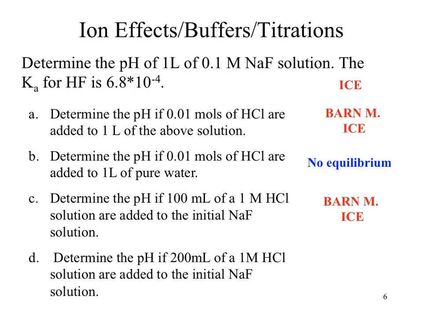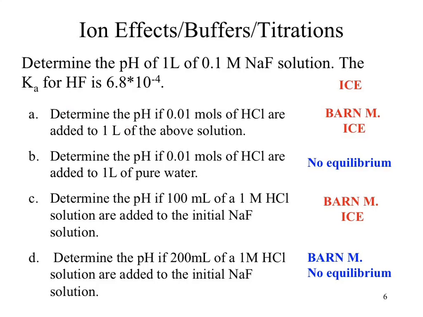We need to go through and do that BCA chart. One of the problems with this one, what happens to your volume? It changes in the course of the reaction. Make sure when you calculate your molarity at the end, that last molarity step, you are converting it accordingly. The very last one, you would be able to go through and do a chart as well. Same idea. The last one, you don't have to do an equilibrium.